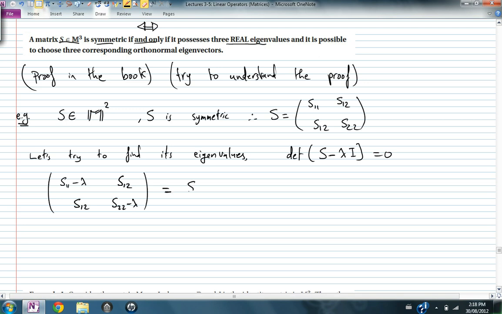Now the determinant of S minus lambda I is equal to S11 minus lambda times S22 minus lambda, minus S12 squared, and I want this to be equal to 0.